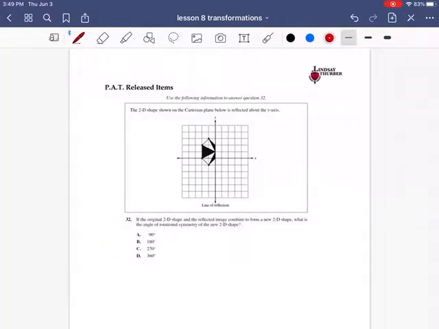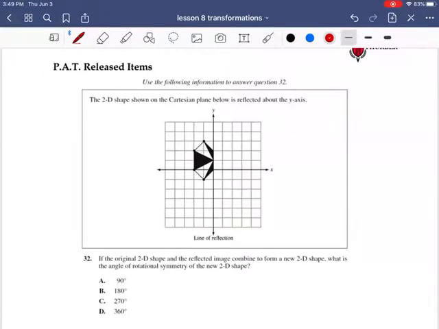Here's a PAT question that says the 2D shape on the Cartesian plane is reflected about the y-axis. So it's reflected on the y-axis. So if you think back to reflections, it's going to be the same. So we're kind of doing this thing going on.